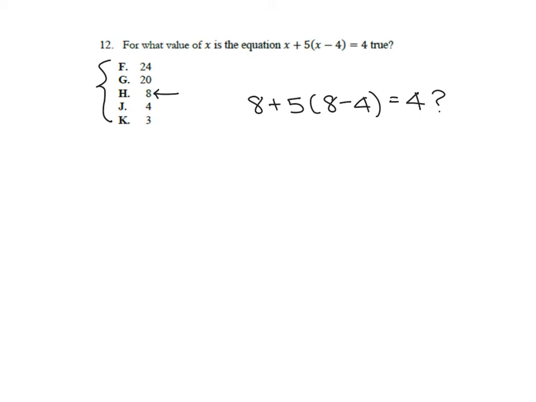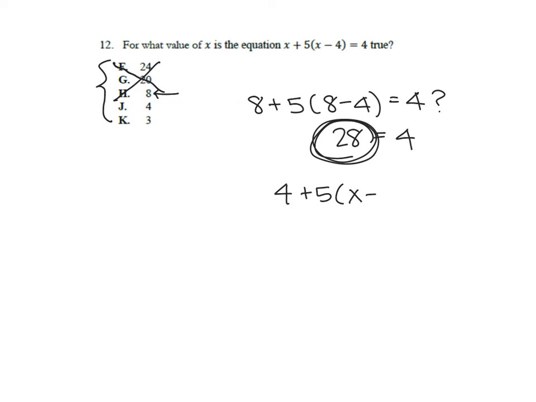I type this into the calculator to see if I get 4 equals 4, and I get 28. This tells me plugging in 8 got me an answer that was way too big, so I don't want to use anything bigger than 8. So these 3 are all immediately wrong, and I've just cut my answer options in half.